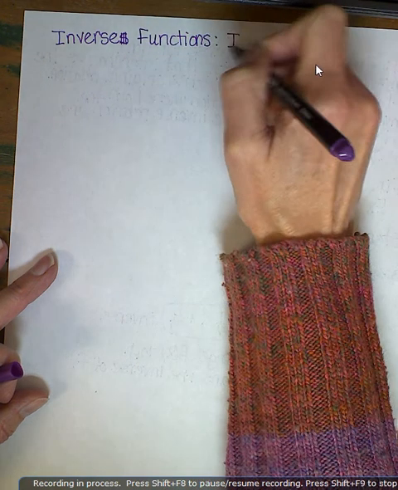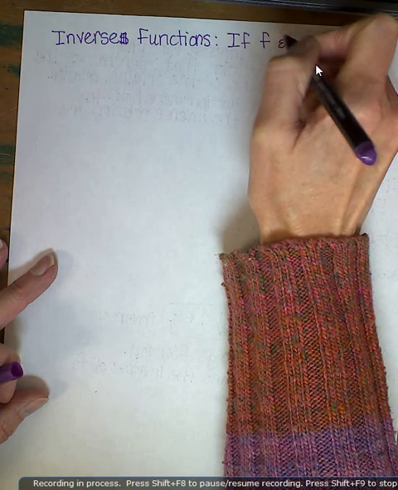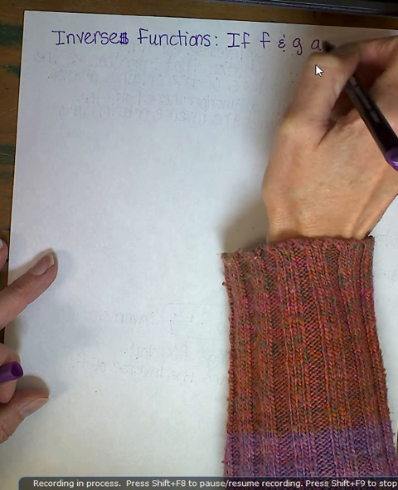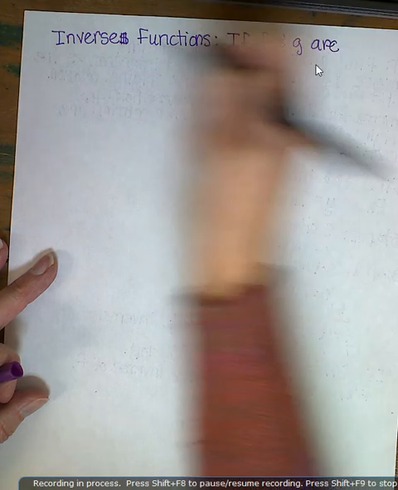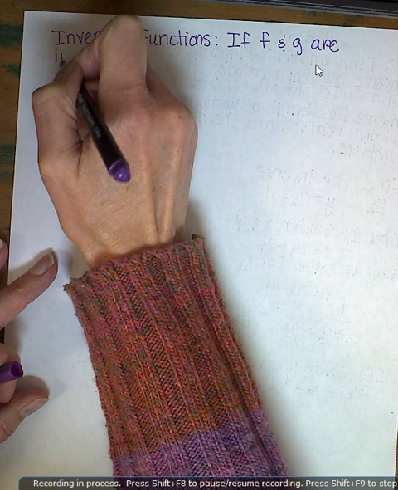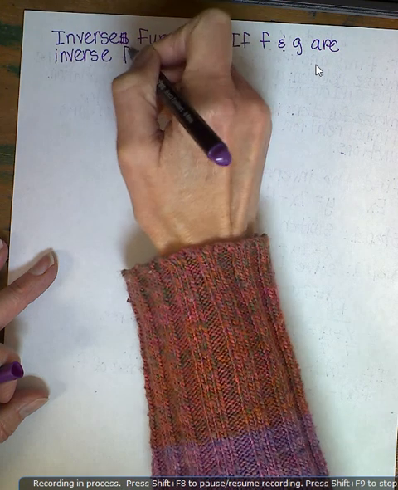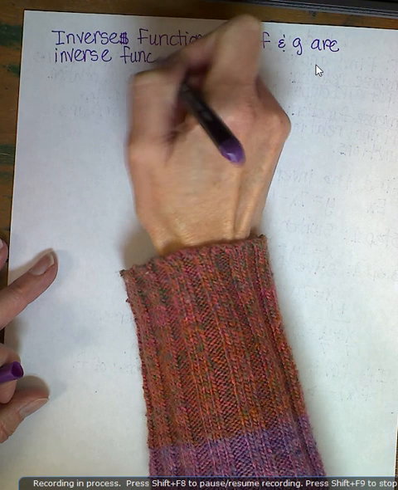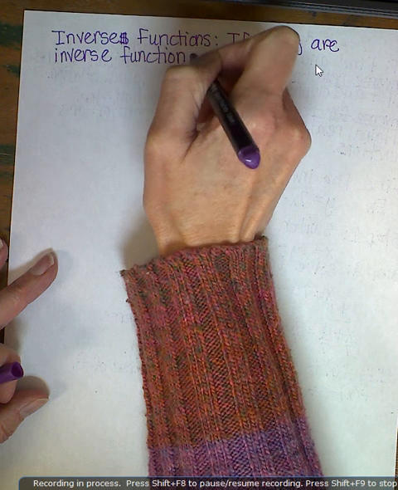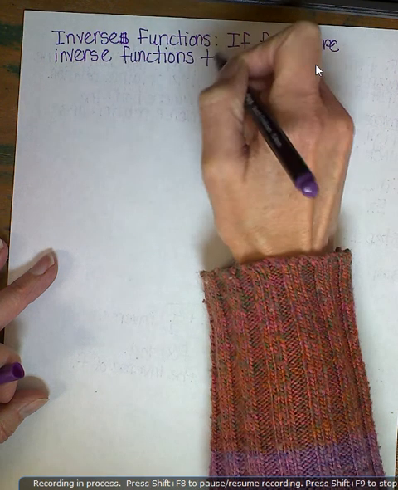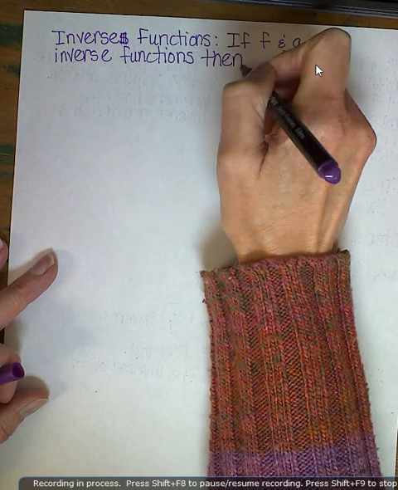So if f and g are inverse functions, then something should happen when you do the composite functions that we did yesterday.